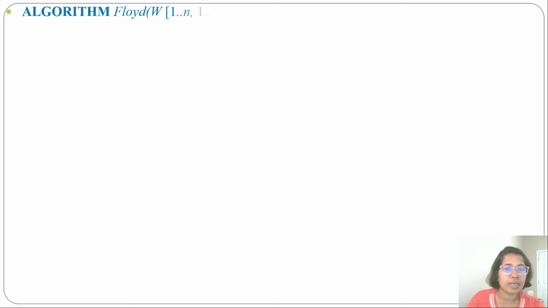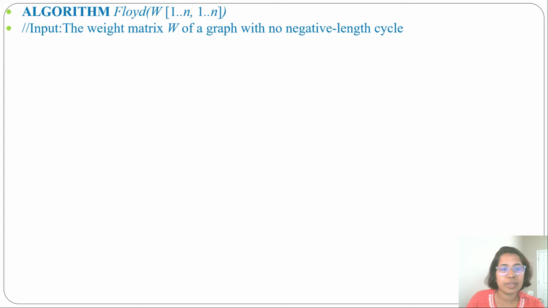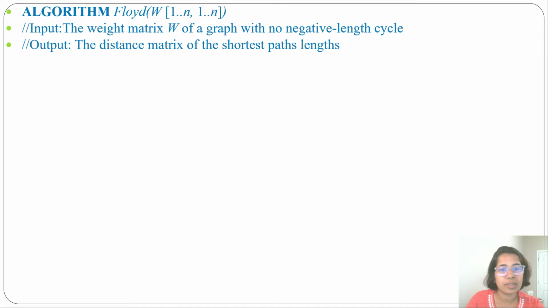Let's discuss Floyd's algorithm. One weighted matrix is given. Here the input is the weight matrix W of a graph with no negative length cycle, and the output will be the distance matrix with the shortest path lengths. D power 0 will be W, that is the weighted matrix.